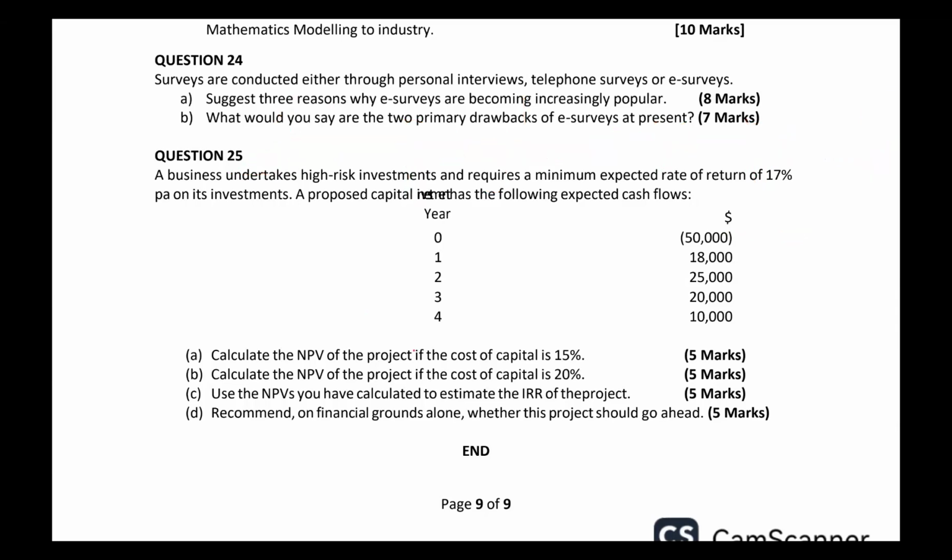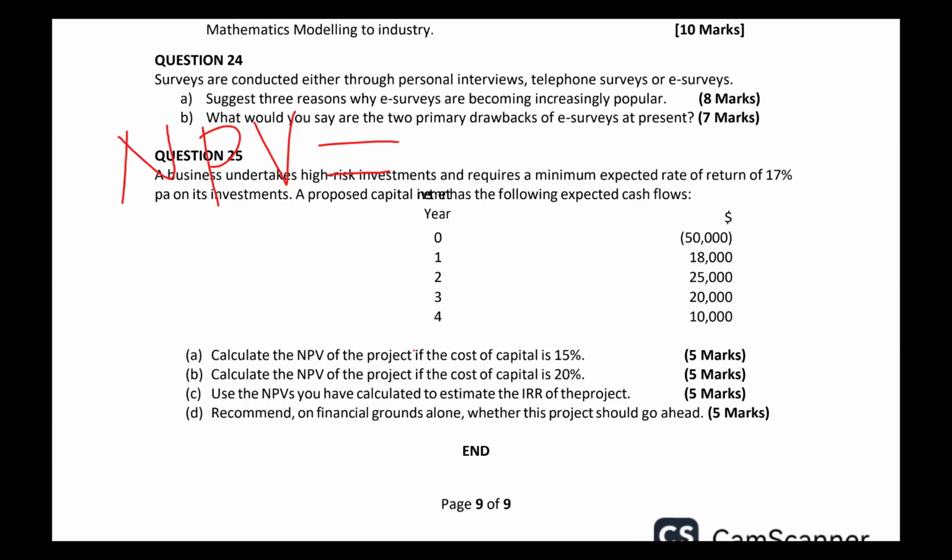Now listen carefully. The net present value method, NPV, the method of assessing investment options, is given us the initial cash flow, right? The initial cash flow, of course, bears a negative sign.